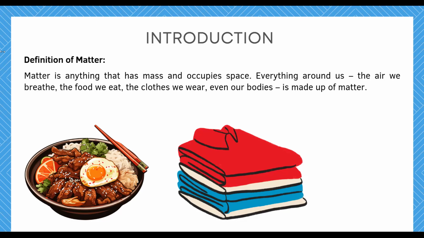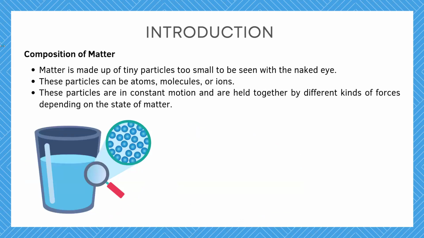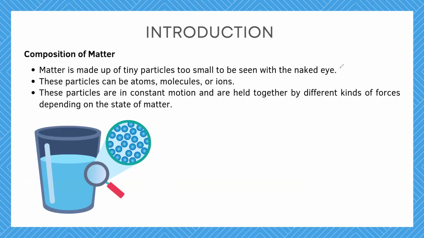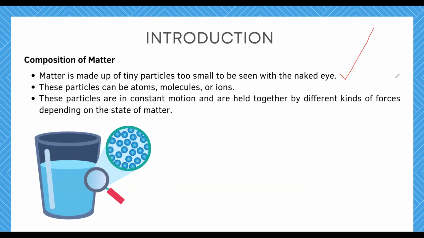So that brings us to the next thing. We want to know what matter is really made up of. You see, matter doesn't just appear on its own. There are certain little particles that you may not be able to see that make them up. And that's why we're talking about the particulate nature of matter today. And those particles are subdivided into three. We have the atoms, we have the molecules, and then we have the ions.